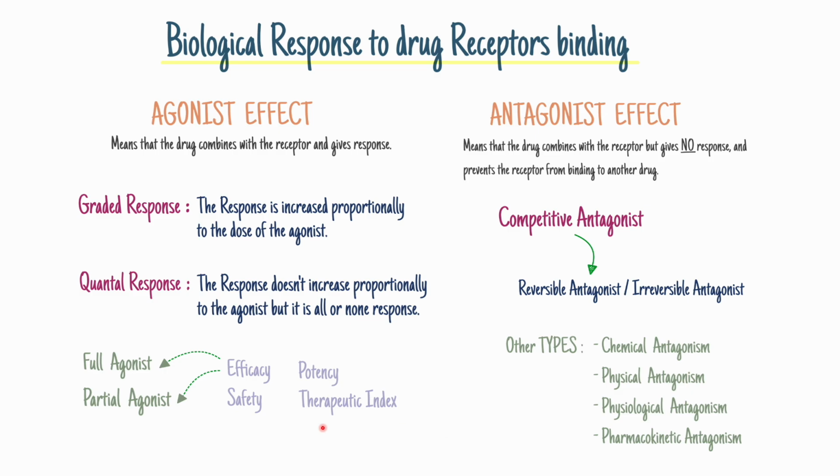The higher the therapeutic index, the safer the drug is. The drugs that have a high therapeutic index, they say this drug has a wide therapeutic index. But as the therapeutic index is low, the smaller the number, it means that the drug is not safe and it has a narrow therapeutic index.